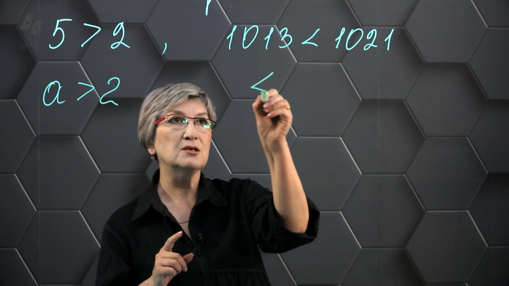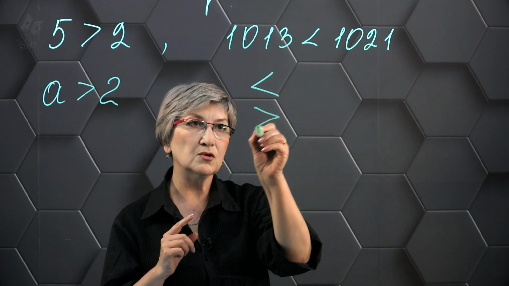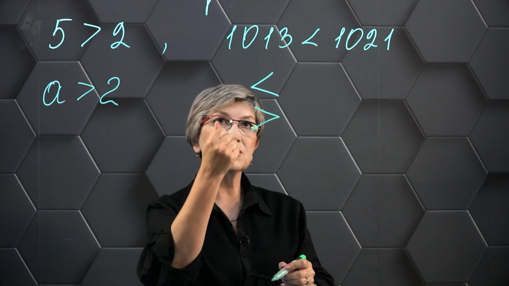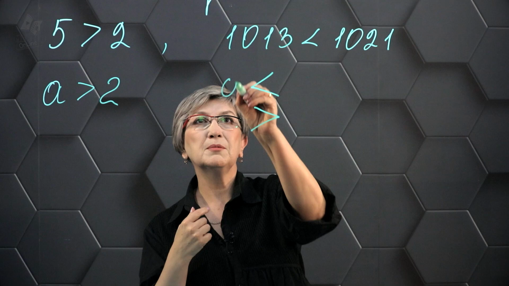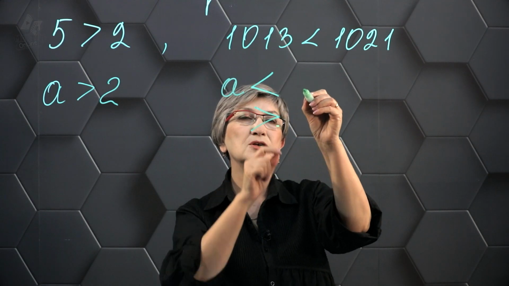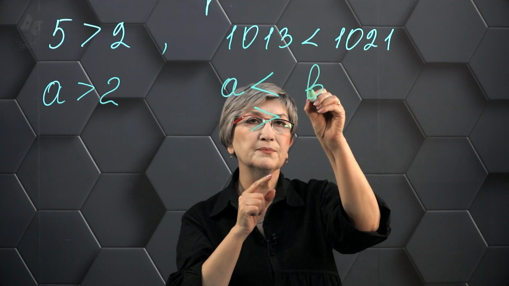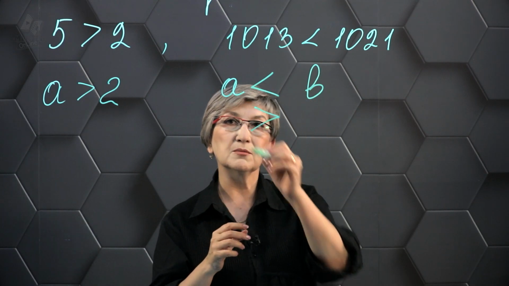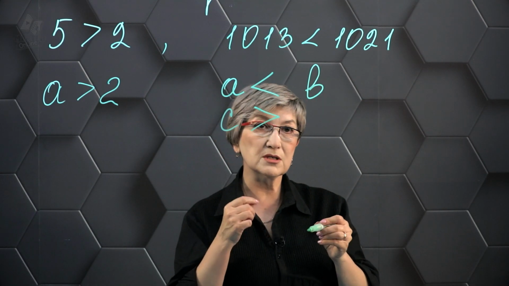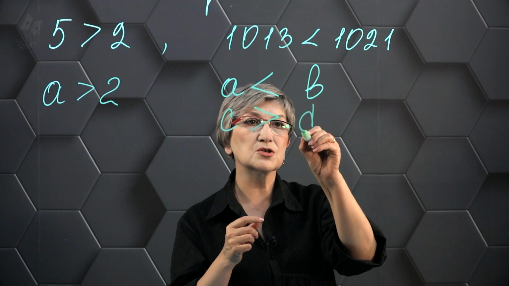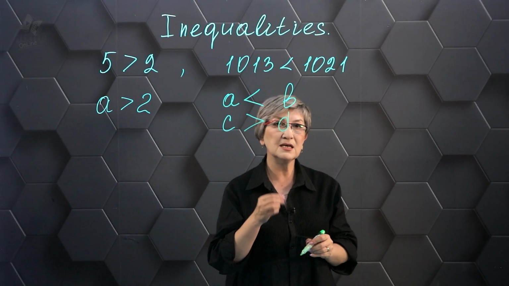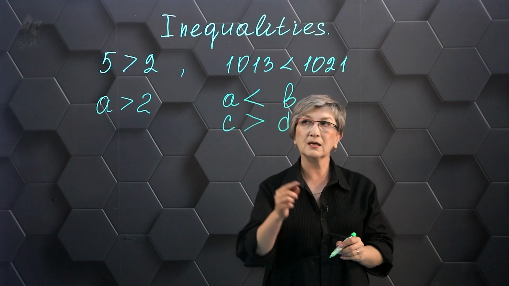It is the sign for less than, the sign for more than. We say, when we use the less sign, that some number A is less than some number B. But if we talk about the greater sign, we say that some number C is greater than number D. But in addition to these signs, there are also non-strict signs in math.